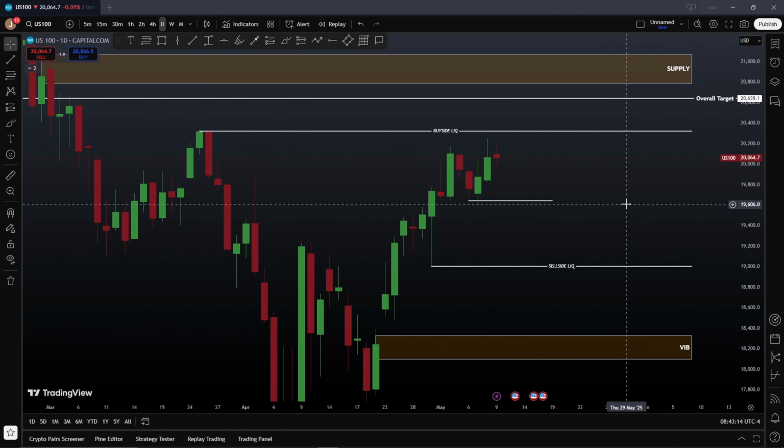So currently, are we bearish on the Nasdaq? No, we are not. We are still bullish when it comes down to the Nasdaq.